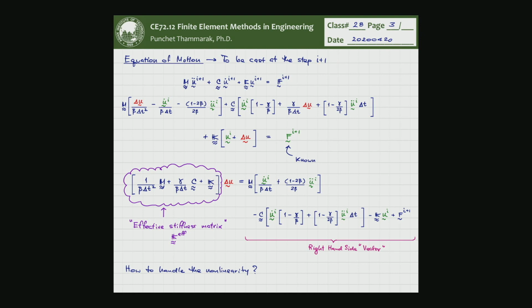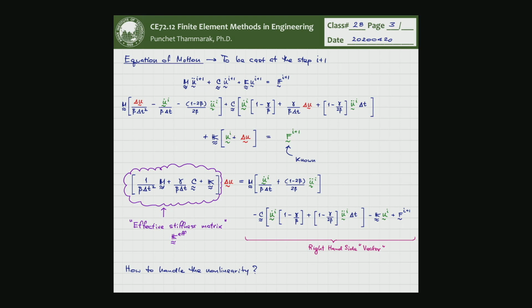For step i plus 1, the u double dot will be taken from before, u dot is also taken from the previous step, and the u also. So we expand u double dot i plus 1 into here, here to here, and this to here, and we rearrange.